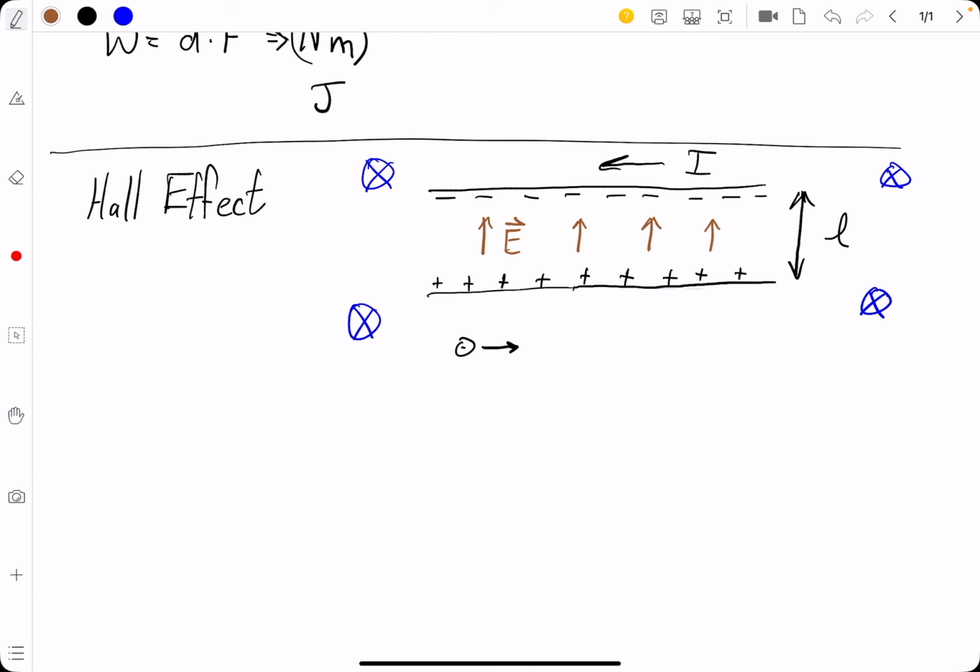This E field is what we call the Hall effect, okay? So because you have current flowing in a B field, it generates an electric field that causes the charges to go from one side to the other. So all the current forces the electrons to go up here, and the holes go to here.